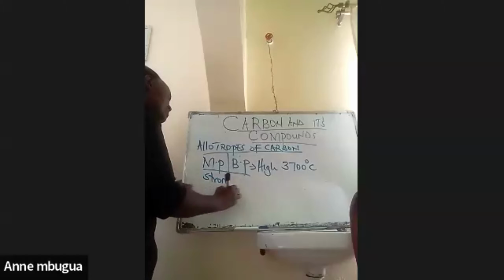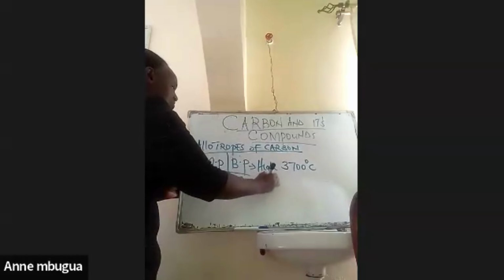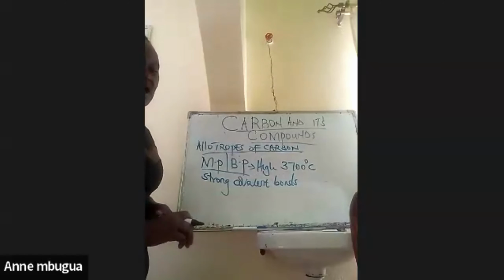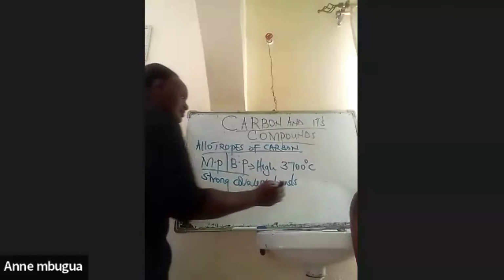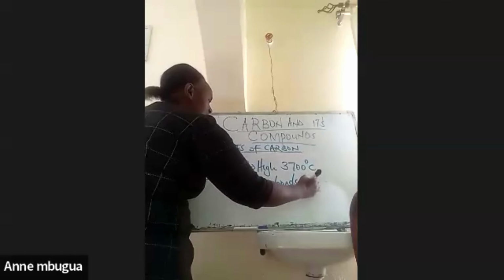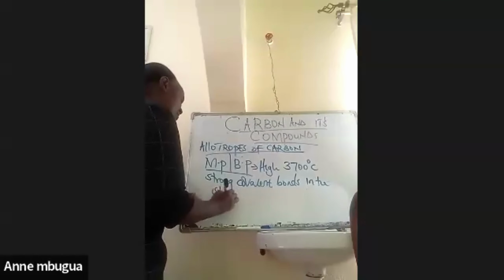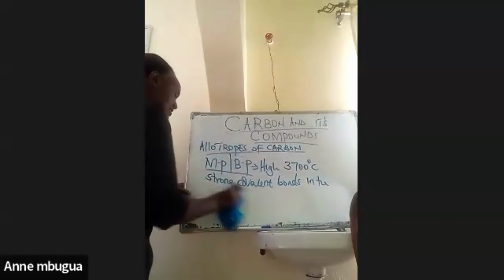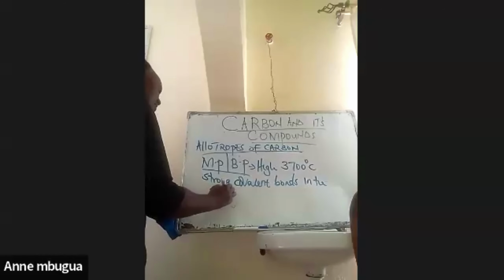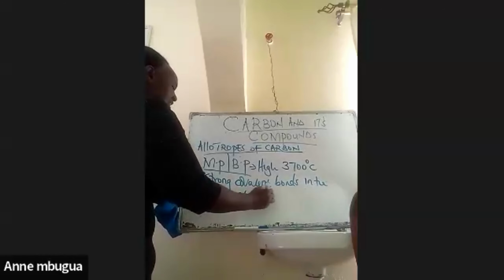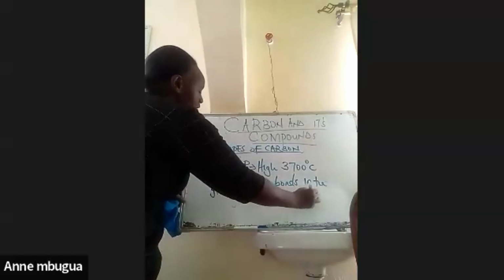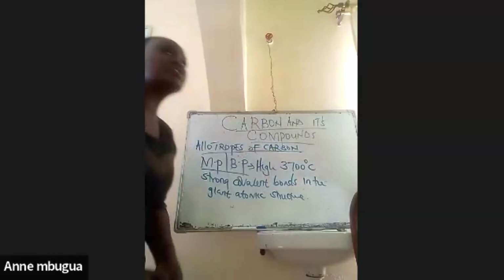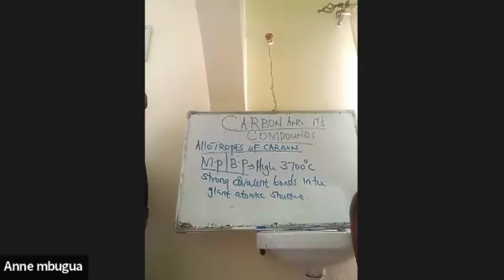The high melting point is due to the strong covalent bonds in the giant atomic structure. Throughout the structure of diamond, we only have one type of bond, and this bond is the covalent bond.